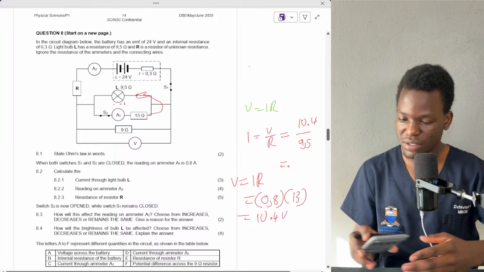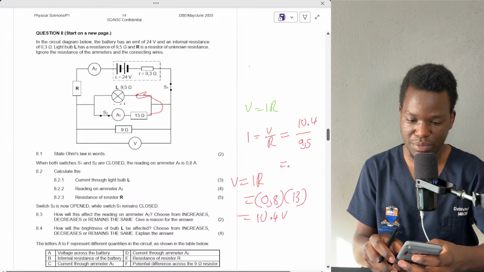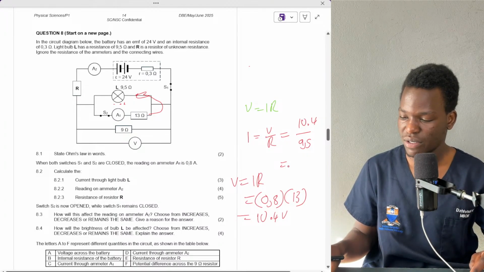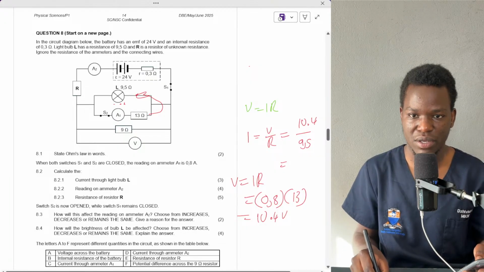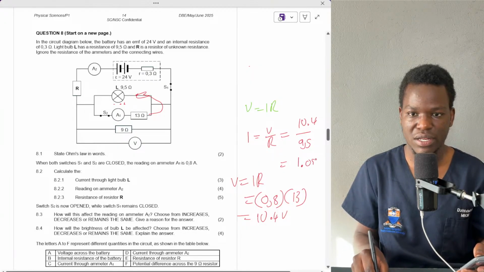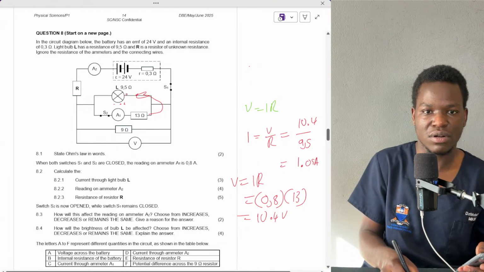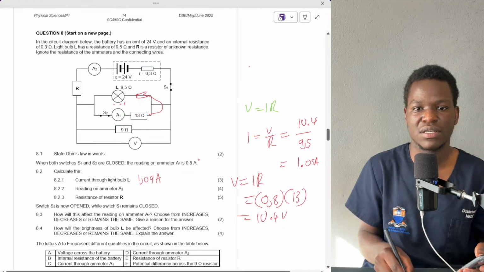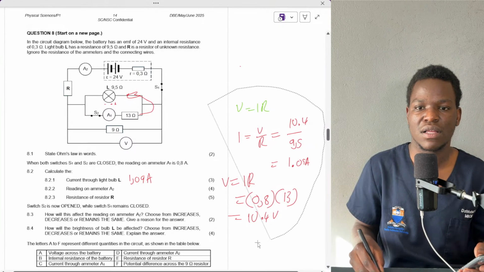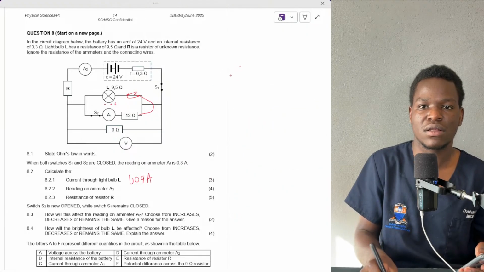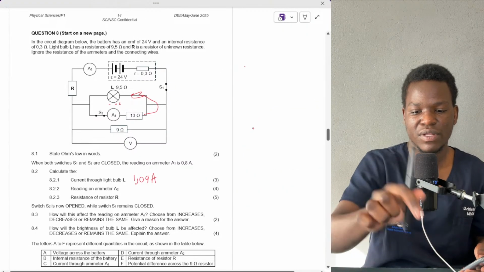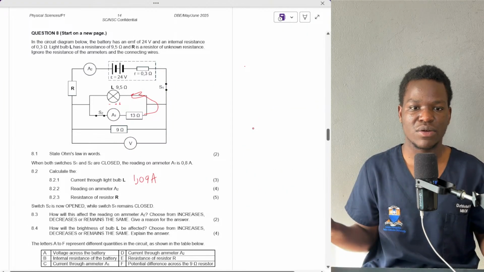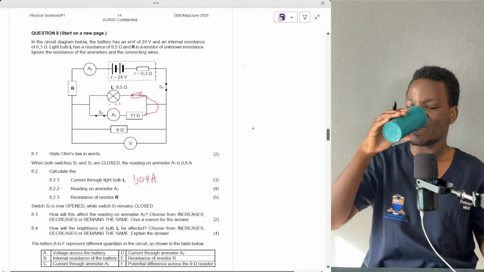Okay, there it is. Our current is going to be 1.09 amperes. So this has 1.09 amperes. There it is. So now let's continue.